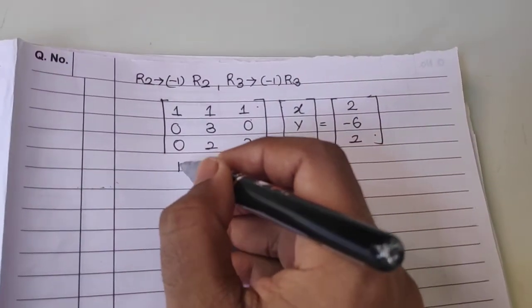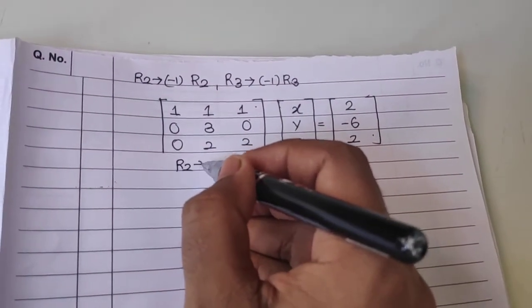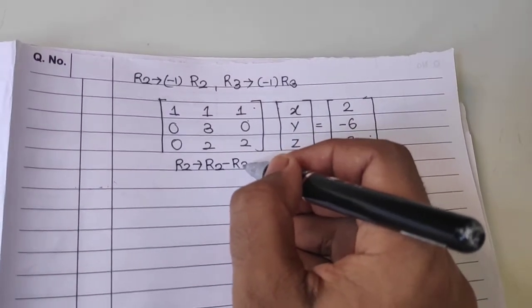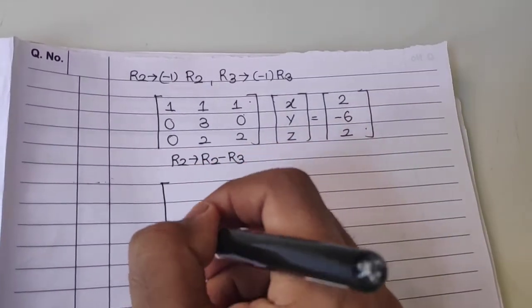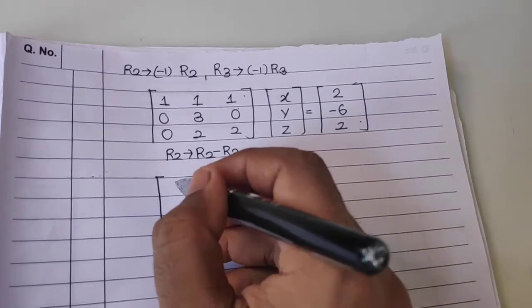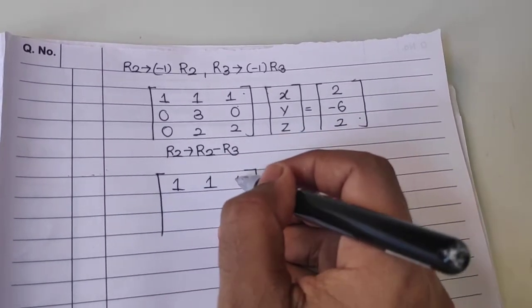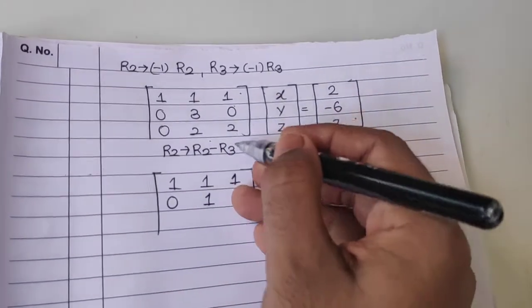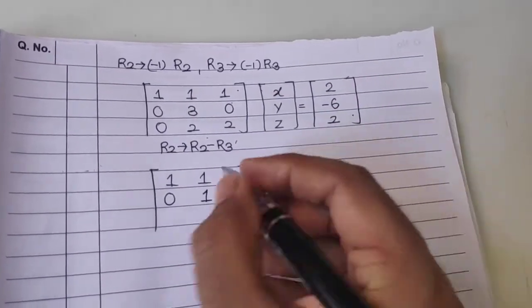Now R2 changes to R2 minus R3. So we get 0 minus 0, 3 minus 2 is 1, 0 minus 2 is minus 2.